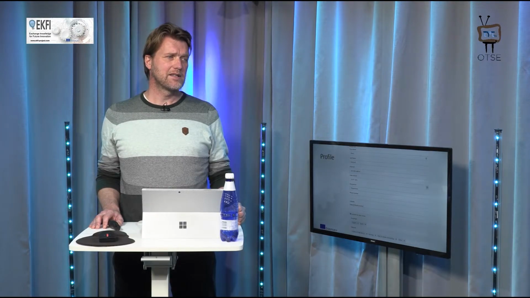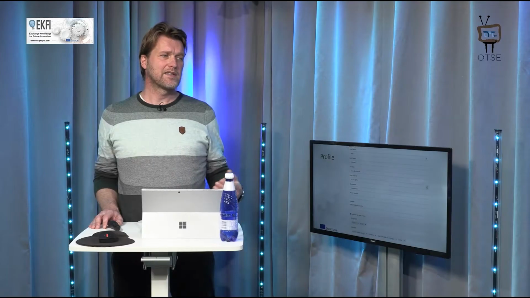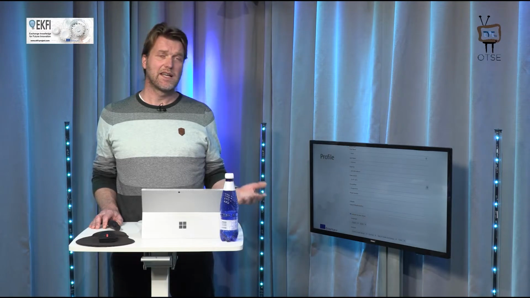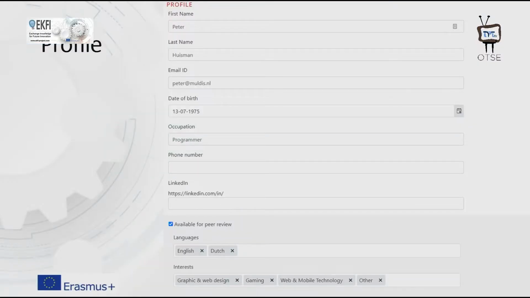This is in order to select you when you are prepared to do peer reviews of other material. You will get selected, for example, when there's English or Dutch material and it is an expertise you have and a language you control, you will be selected perhaps to do a peer review.